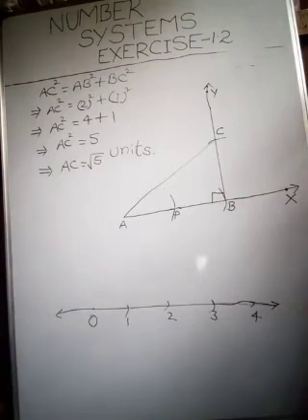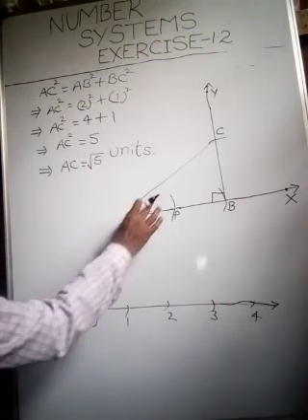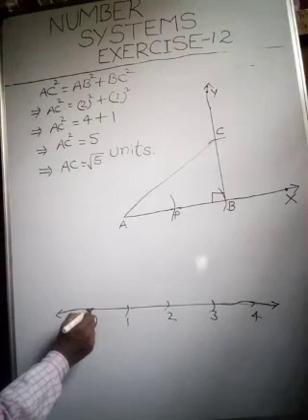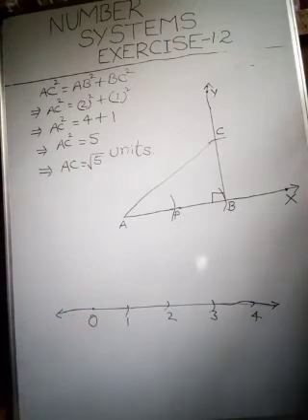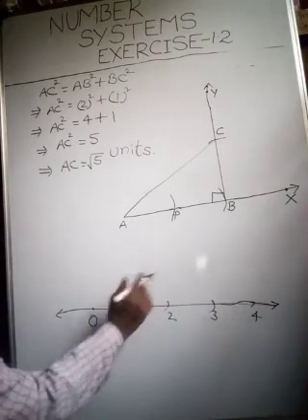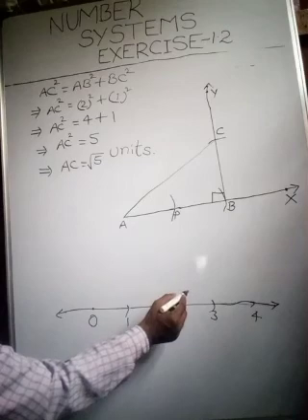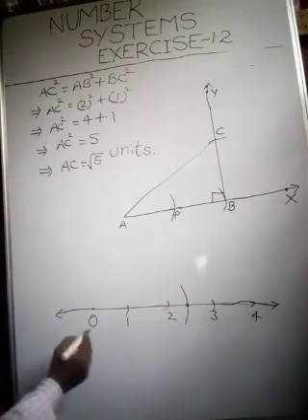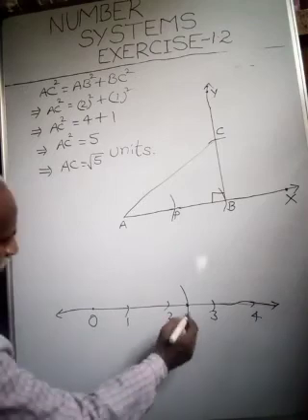Now take AC as radius. Keep the pointer of the compasses here and cut the number line.